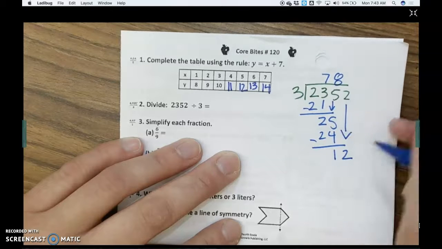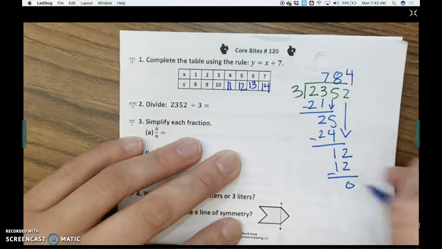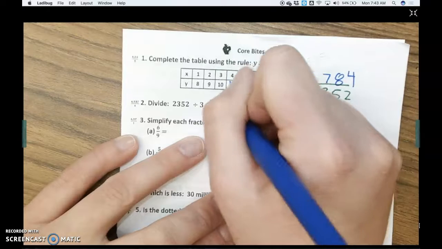Bring down your 2. 3 times 4 gives you 12. 12 minus 12 is 0, so you don't have a remainder for that. So your answer would be 784.